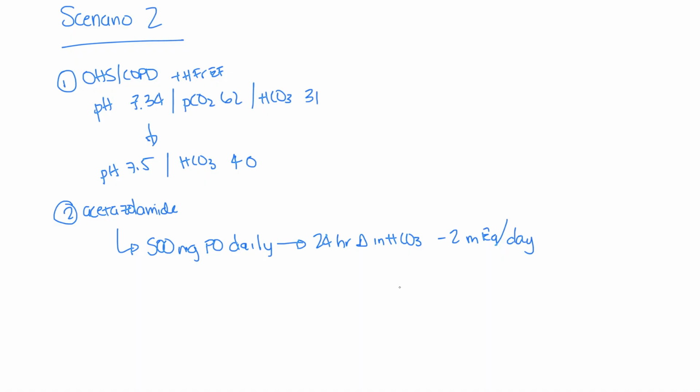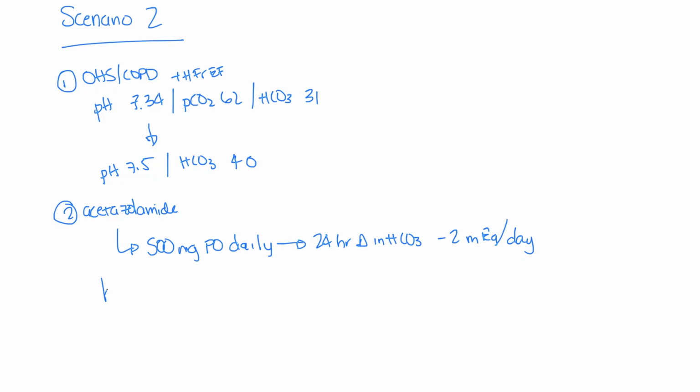What I would do is we need to get used to doing some math here. We need to recognize what their baseline state was, what their bicarb at baseline is. And then our argument would be, okay, we gotta give chloride back to these patients.